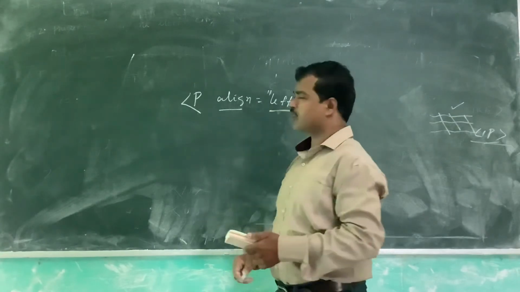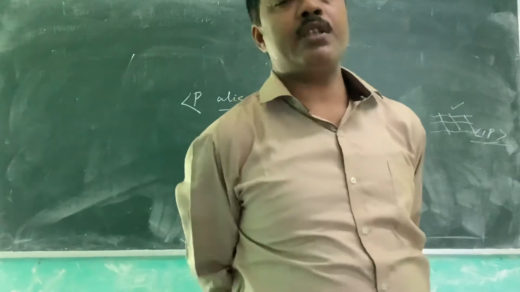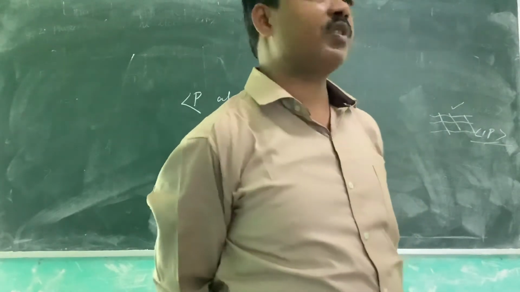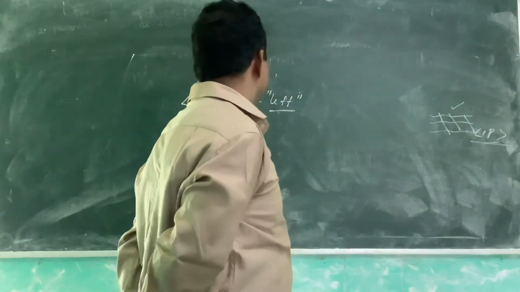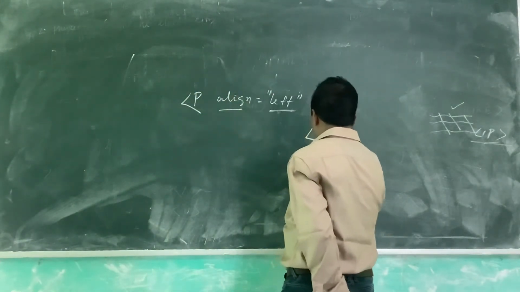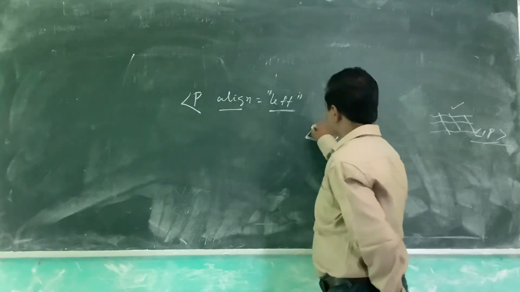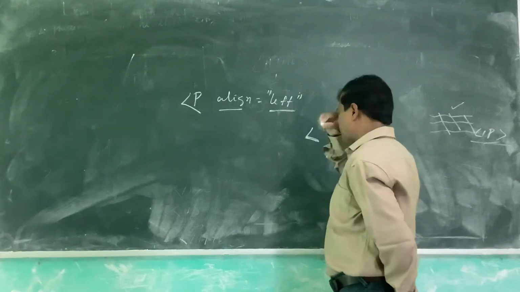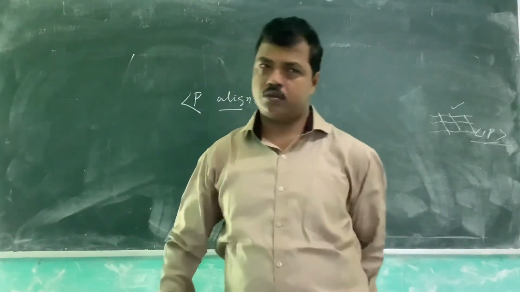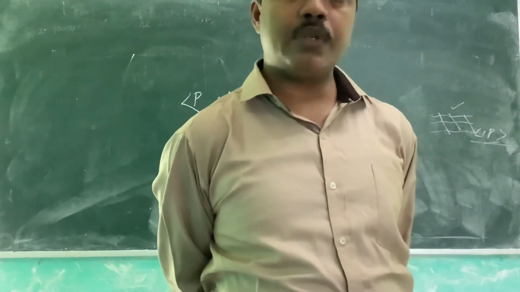And when some tags are empty tags, that means they have no attributes. If there is nothing to add within the angle brackets except the tag, then it is known as an empty tag.